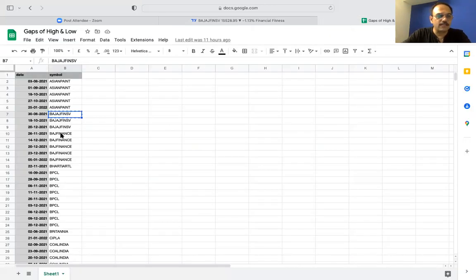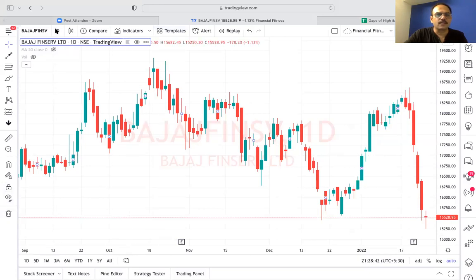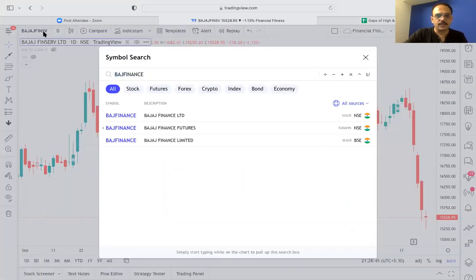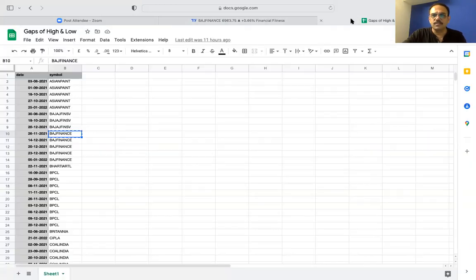Then let's take one more example, of Bajaj, some other stock, Bajaj Finance. When was the gap? 26/11/2021.